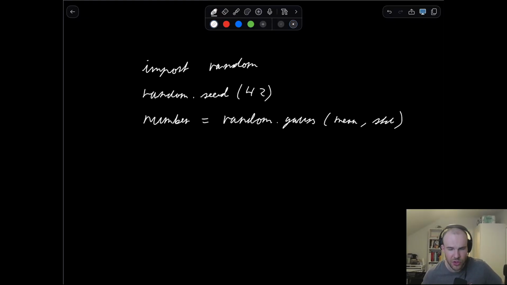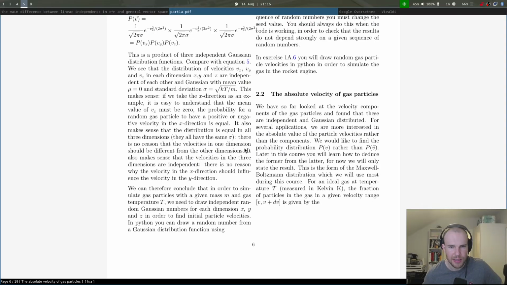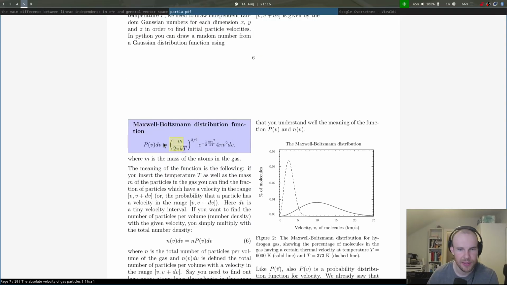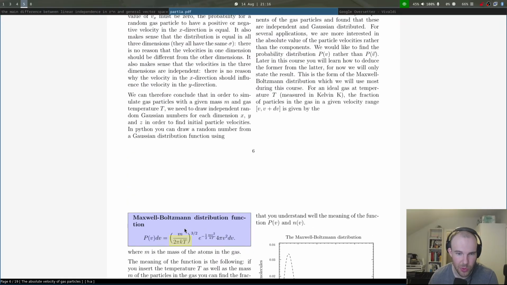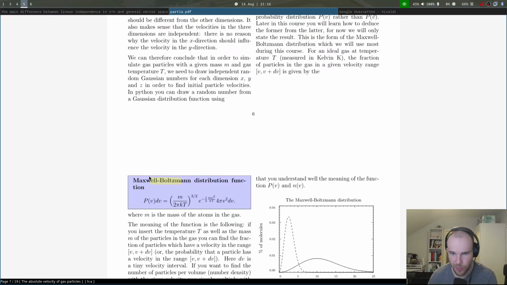So I just show this from the book. It's actually this guy here. We're going to deduce that later. But for now, we just have to accept it. It's very close to the same. It's another version of that Maxwell-Boltzmann distribution, right? There are multiple versions of that.